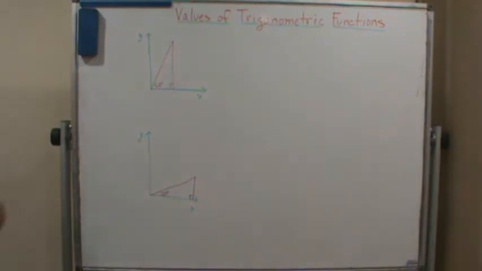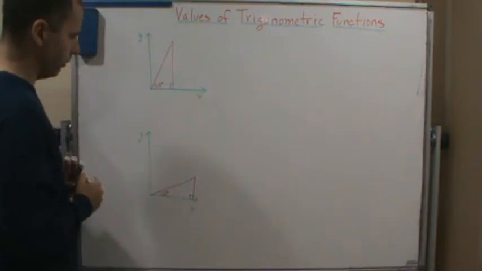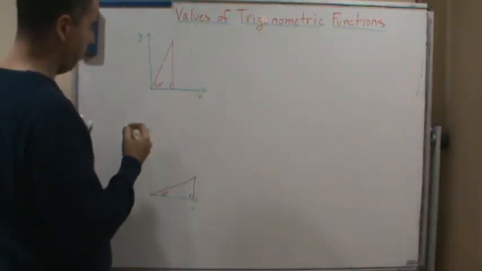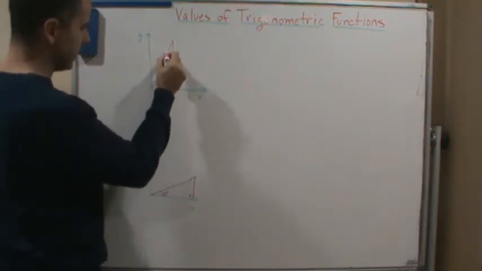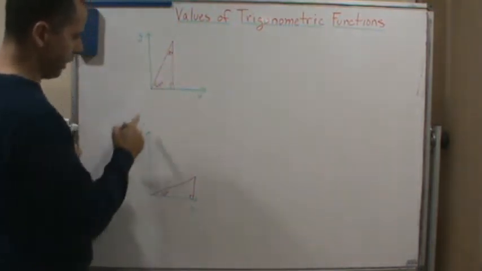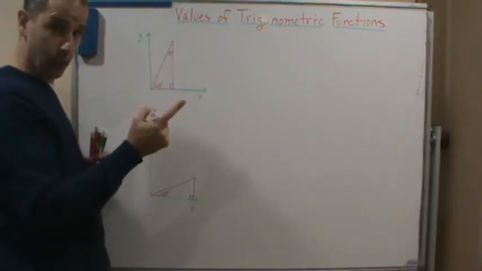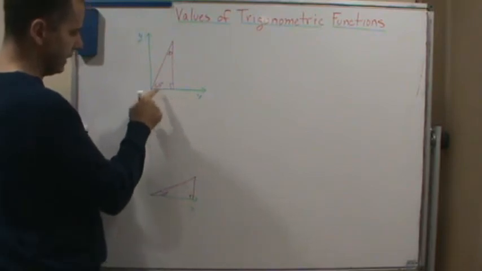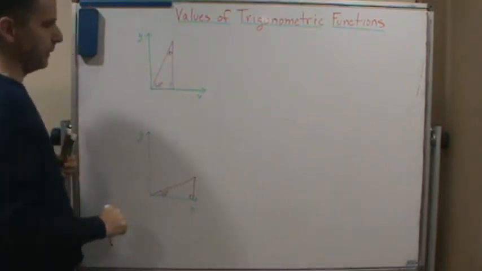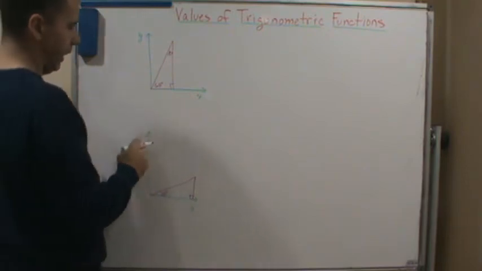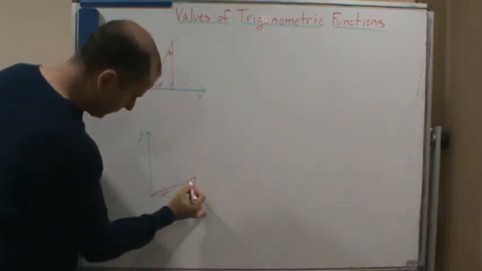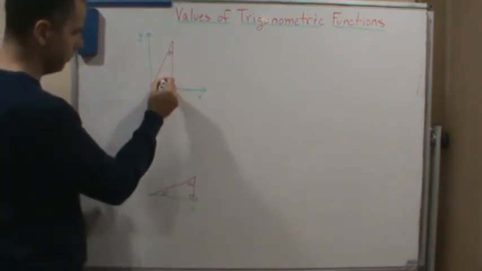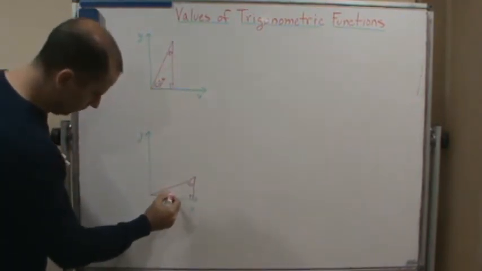In general, if this is 60, then this has to be 30 degrees, because the angles of a right triangle, or any triangle, have to add up to 180 degrees. So if this is 90 and this is 60, that means this has to be 30. So then this would have to be 60 over here. Okay, so now this is our theta, so this is theta here.